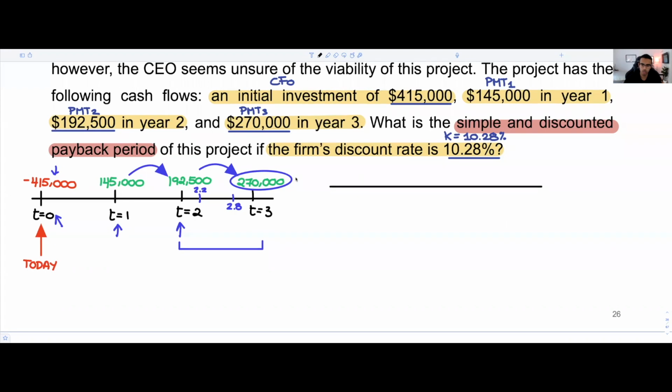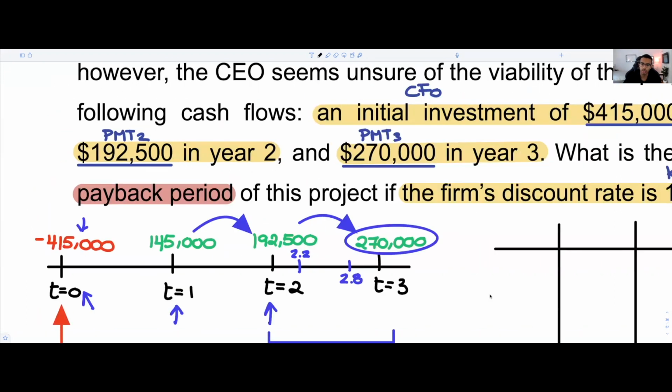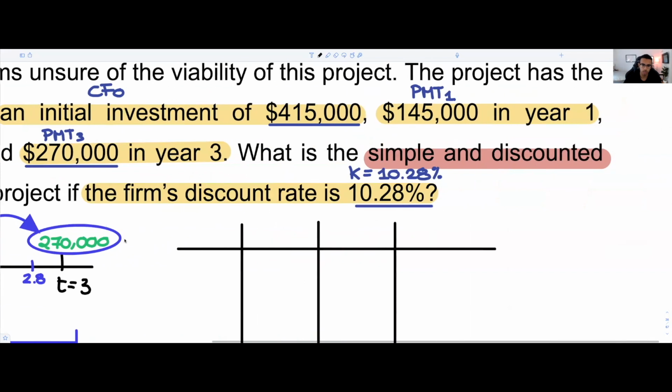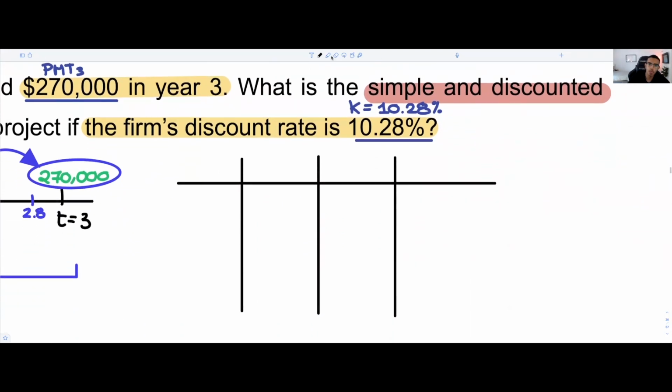All right, so I'm going to add a few columns. Sorry about that. Then I'm going to zoom in again so you have a nice perspective of what's going on. In our first column, we're going to have the years.